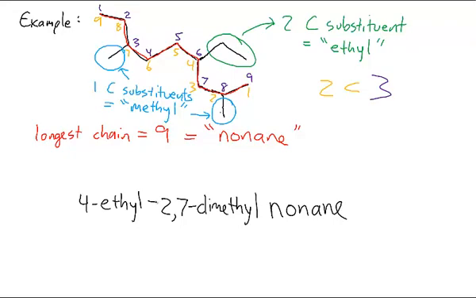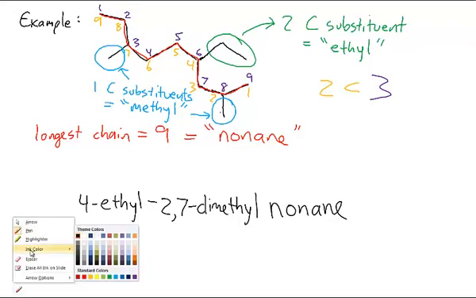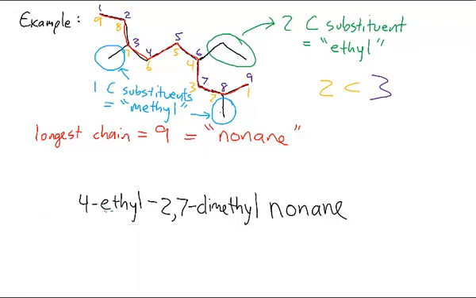I don't really care if you follow this convention, but the convention is to list the substituents in alphabetical order. So that's why I chose to do ethyl before methyl. I don't think that's an important rule for us.